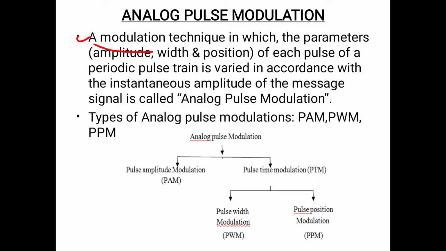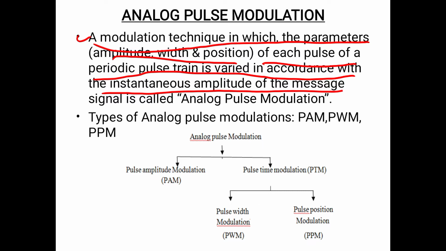A modulation technique in which the parameters like amplitude, width and position of each pulse of a periodic pulse train are varied in accordance with the instantaneous amplitude of the message signal is called analog pulse modulation. In analog pulse modulation, the pulse is used as a carrier.